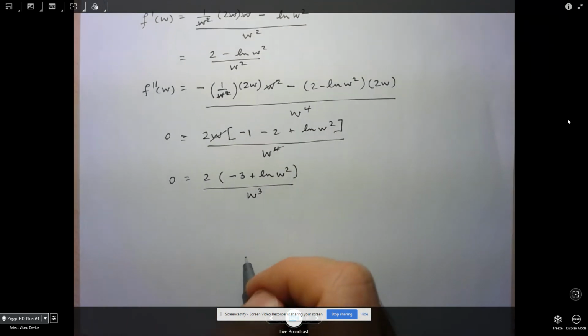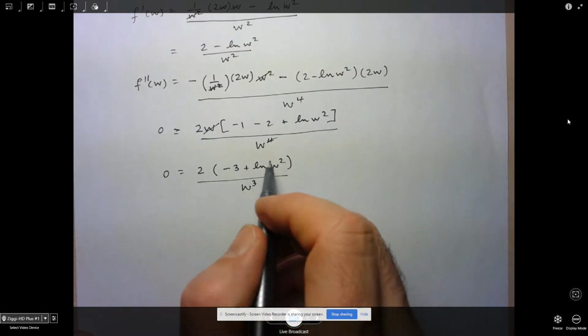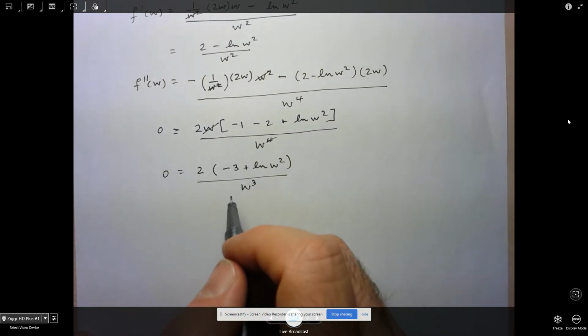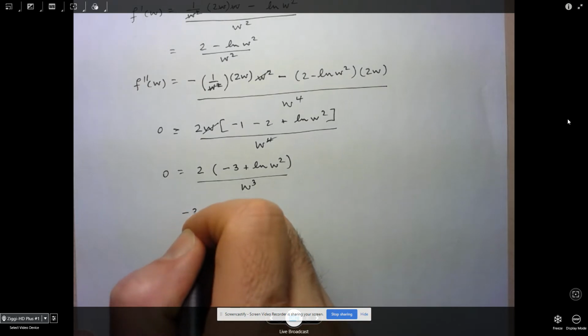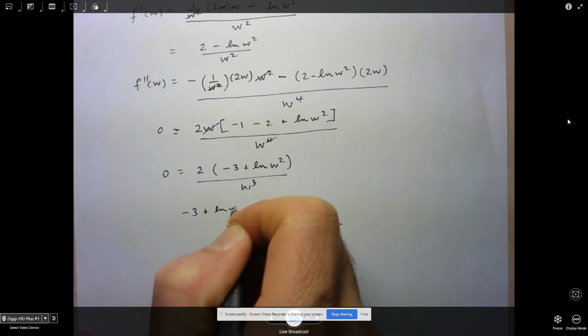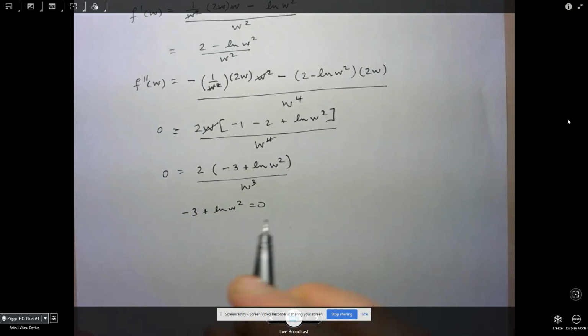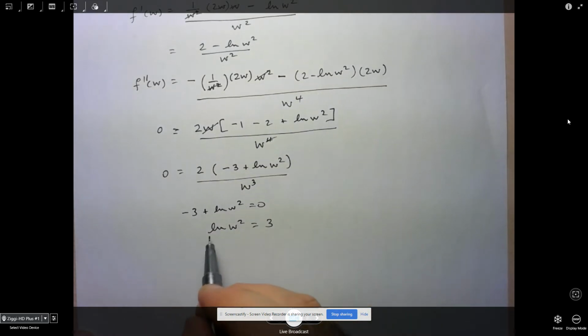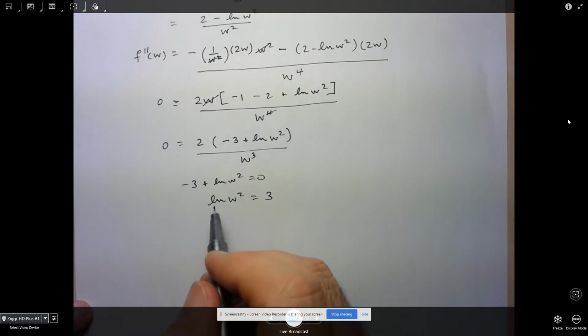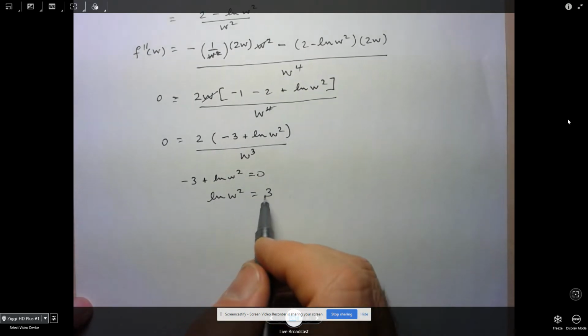So since this is a fraction, I just have to solve for where the numerator is equal to 0. So that's going to be whatever's in this bracket. So here we have negative 3 plus ln w squared has to be equal to 0. So ln w squared is going to be equal to 3. And I'm going to take the exponential function base e of both sides.